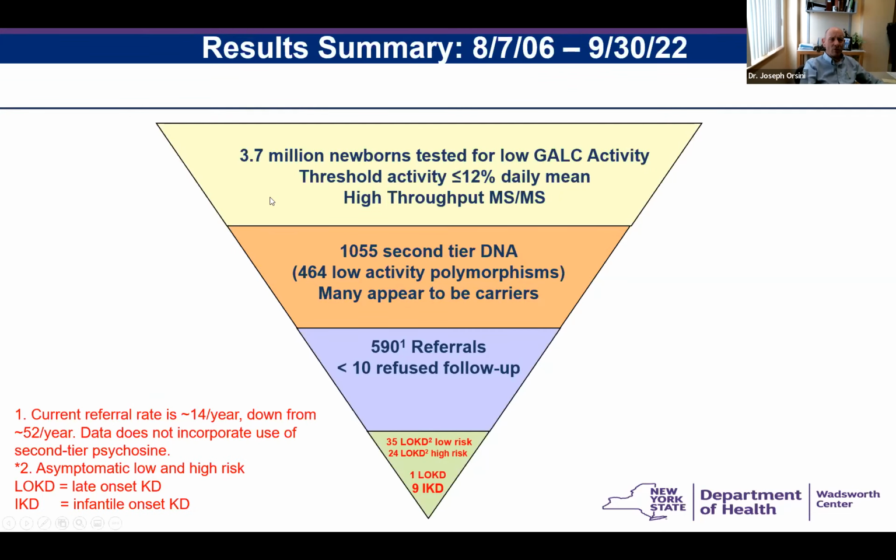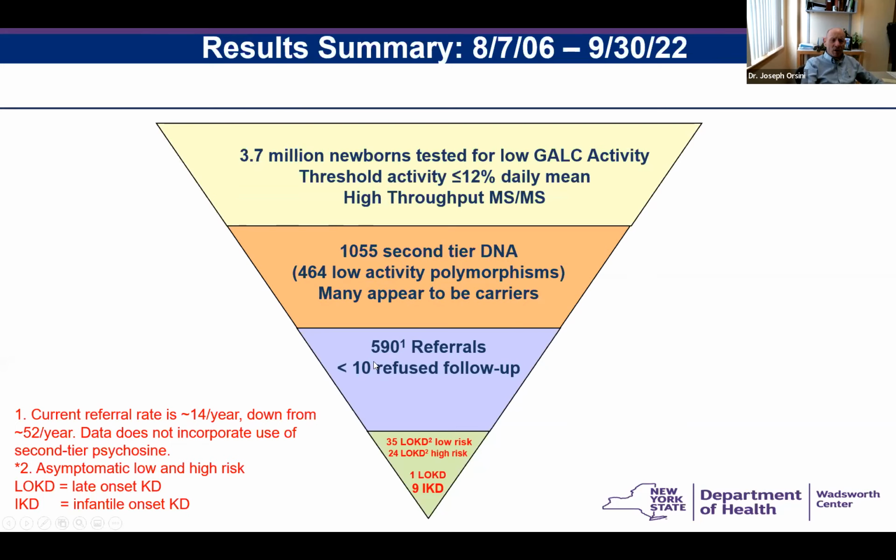So this is really an overview of screening. Right now, the number is about 3.8 million. We've just turned over to that number recently. We had 1,055 second-tier molecular tests over that course of time. It's 590 referrals. This is really old news, and a lot of people will look at this.